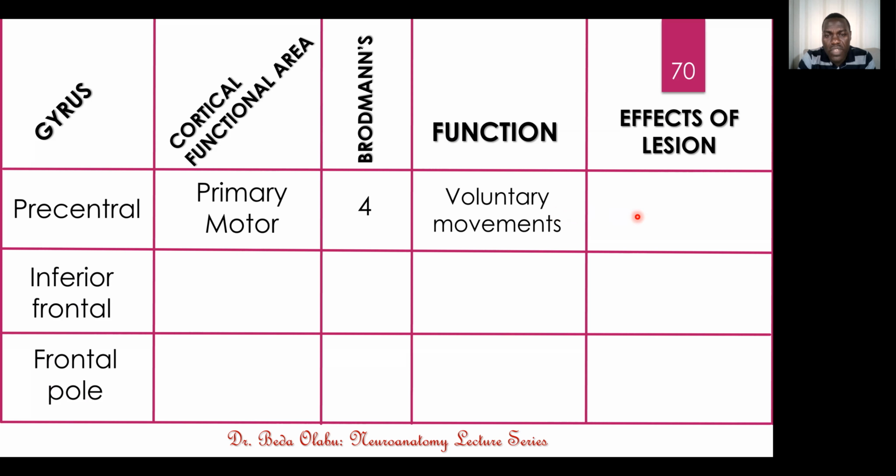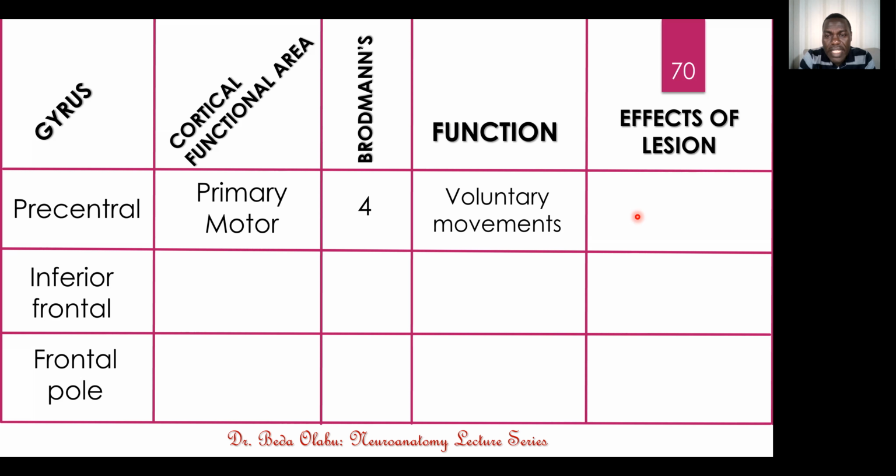If you injure the right precentral gyrus, you then affect the muscles of the left side of the body. And if you injure the left precentral gyrus, then you affect the muscles on the right side of the body. And now the concept is that you don't affect all the muscles of the body, you affect one side predominantly.